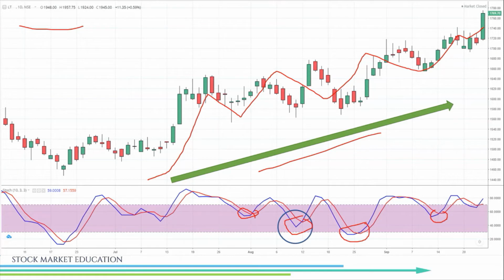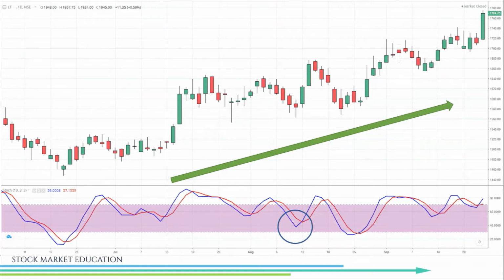Let us see which positive crossover we will consider. This one can be considered, and even this second one can be considered. However, this one is giving a buy signal almost near the oversold zone, right?